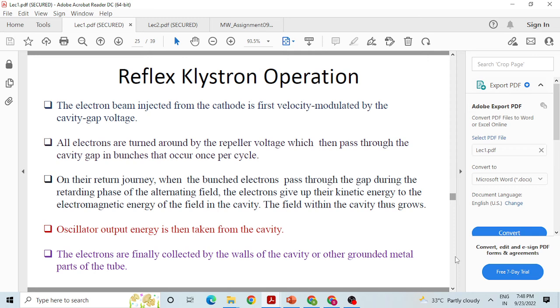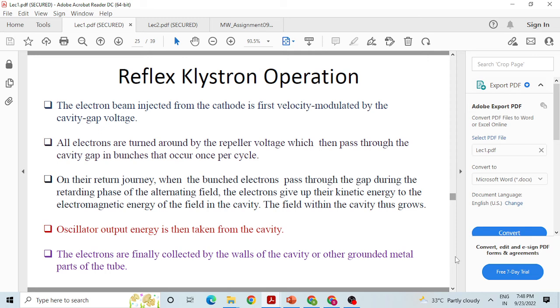The field inside the cavity could be very, very small, but in this process of the electrons passing in the gap, the field is just getting built. That is how finally you get a very good amplified signal. So that's a kind of feedback happening in the oscillator.